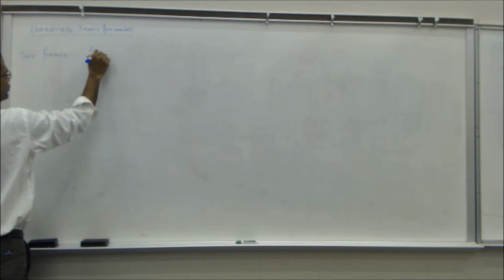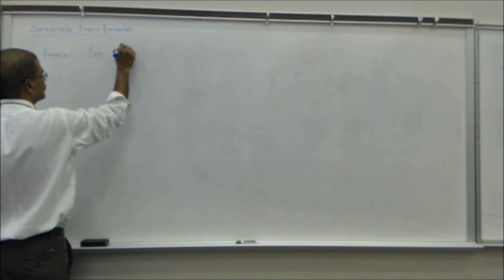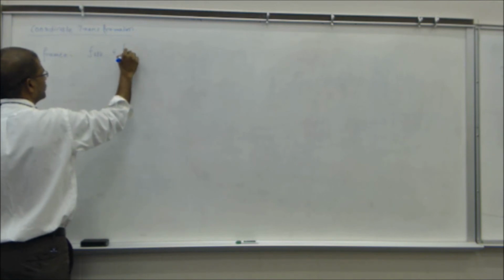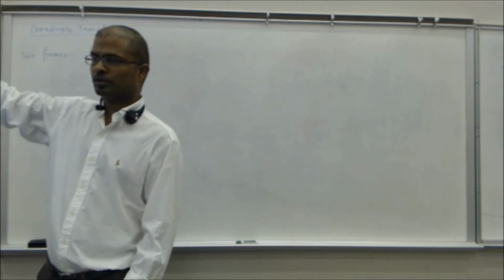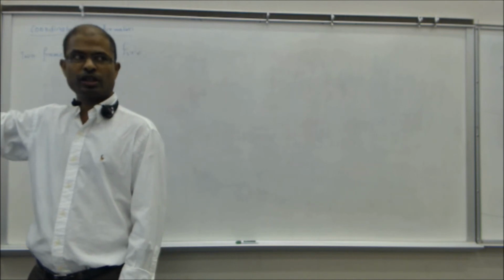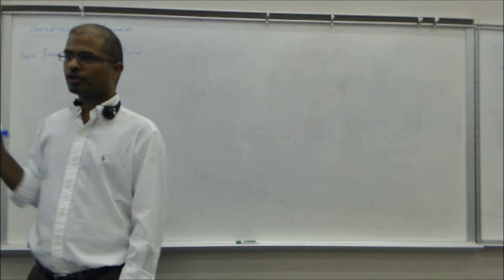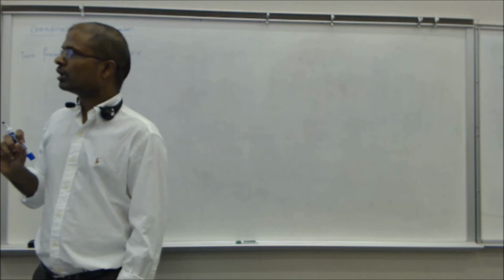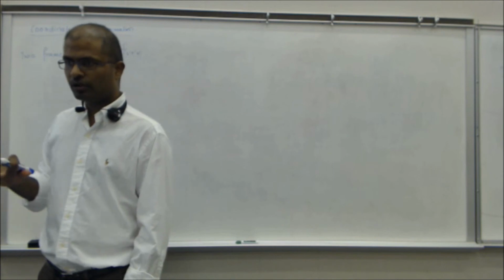Frame I, J, K, okay, and frame I prime, J prime, K prime. Do you see the two frames here? It's I, J, K and I prime, J prime, K prime. And the only difference between these two frames is the next frame is rotated by an angle phi about I axis.